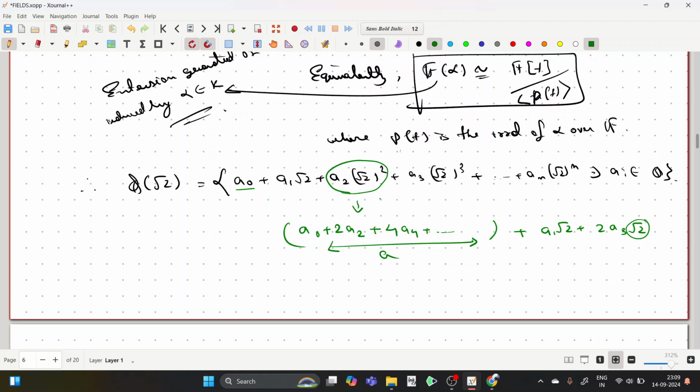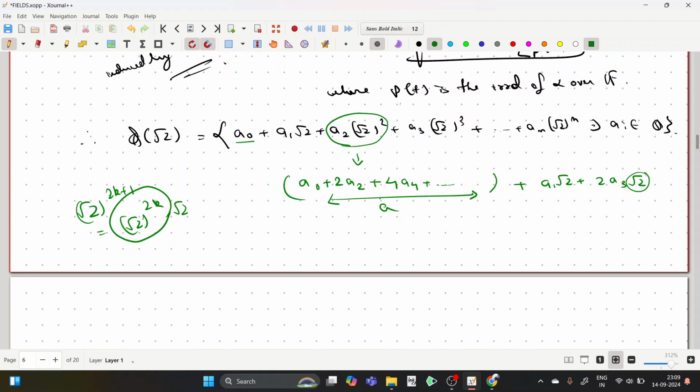So if I have root 2 to the power say 2k plus 1, then I can write this as root 2 to the power 2k times root 2, and this will eventually get evaluated to an integer and eventually into Q. So I can actually take root 2 common outside from here.